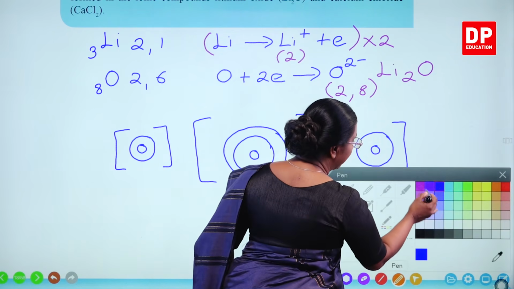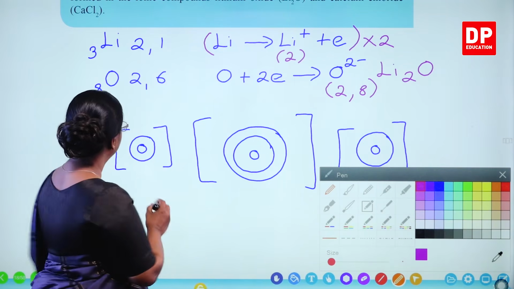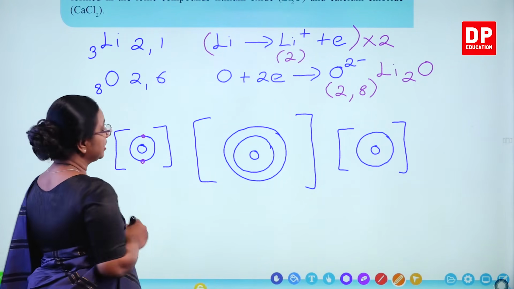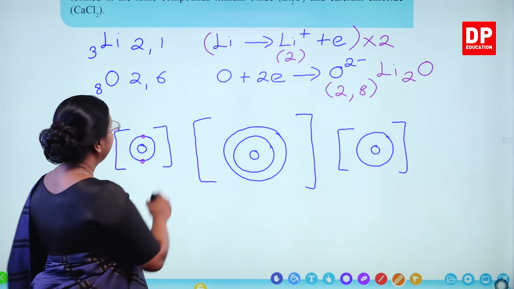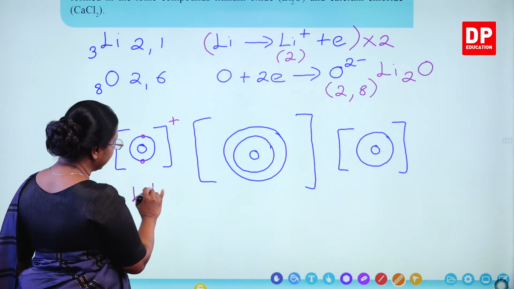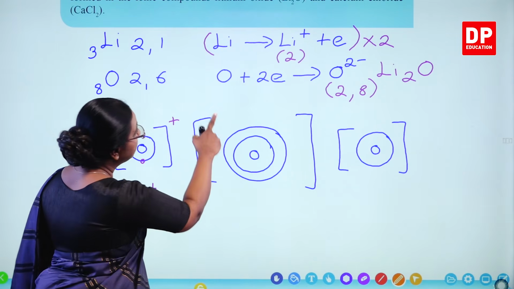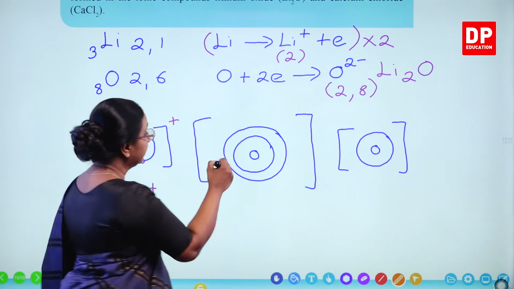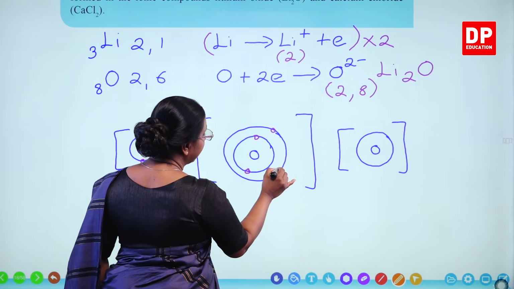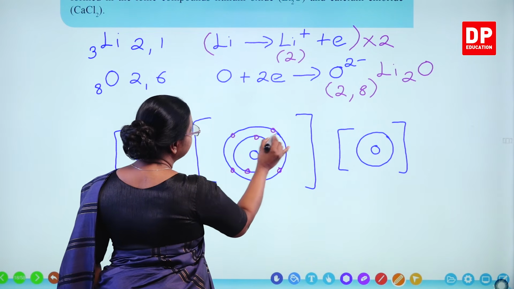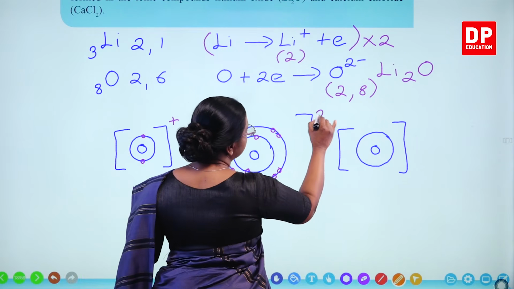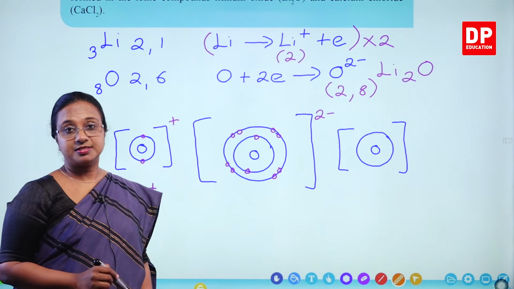Now, if we fill up the electrons, you can see the lithium ion has only 2 electrons in its first energy level and it has a positive charge. This is Li+. Here we have the oxide ion. It has 2 electrons in the first shell and 8 electrons in the second shell, and it has 2 negative charges.